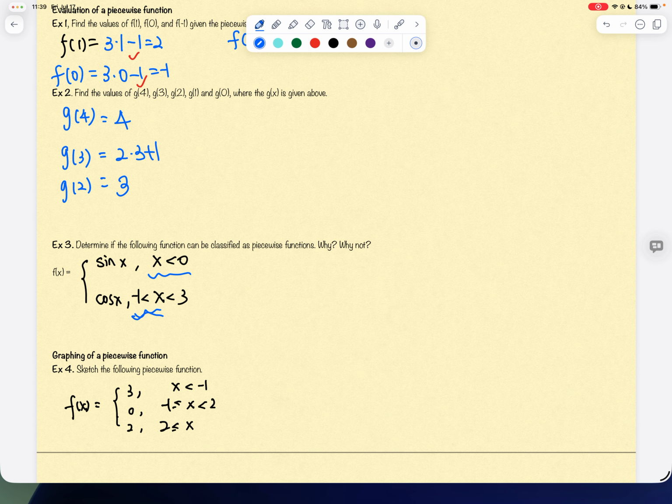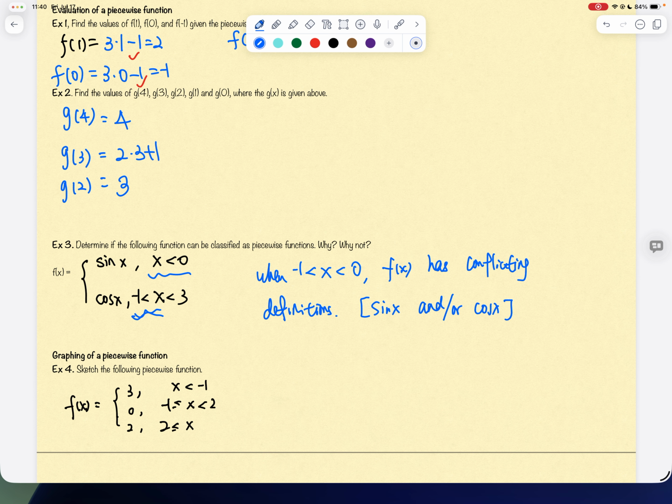Because they are not identical to each other from -1 to 0, it's going to violate the vertical line test. Or we would say when x is between -1 and 0, f of x has conflicting definitions: sine x and cosine x.